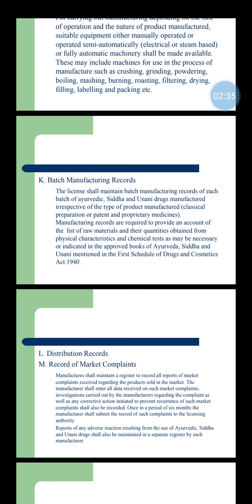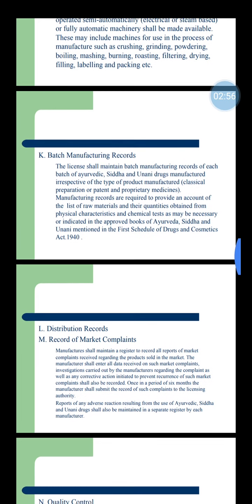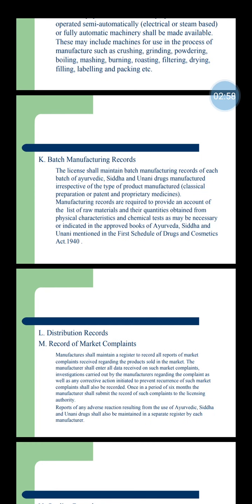Manufacturing records are required to provide an account of the list of raw materials and their quantities, obtained from physical characteristics and chemical tests as may be necessary or indicated in the approved books of Ayurveda, Siddha and Unani medicine mentioned in the First Schedule of the Drugs and Cosmetics Act 1940.